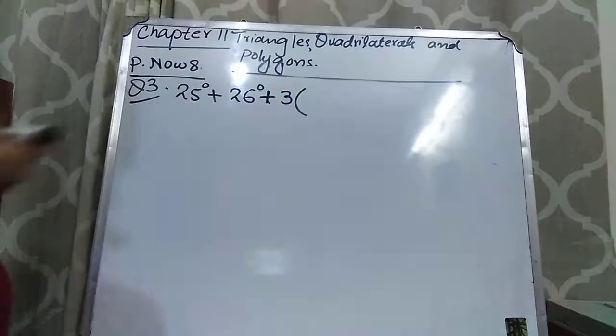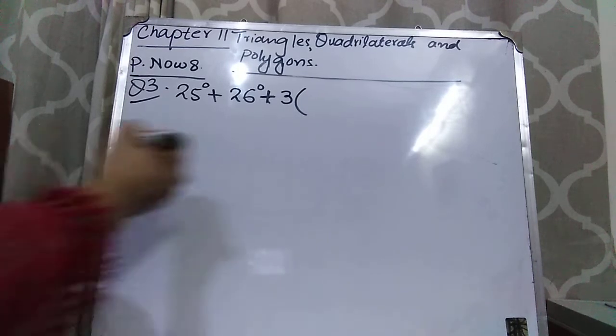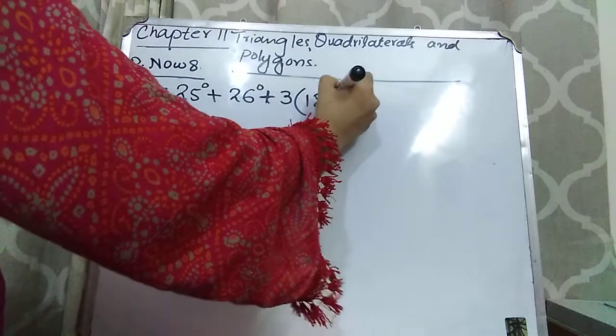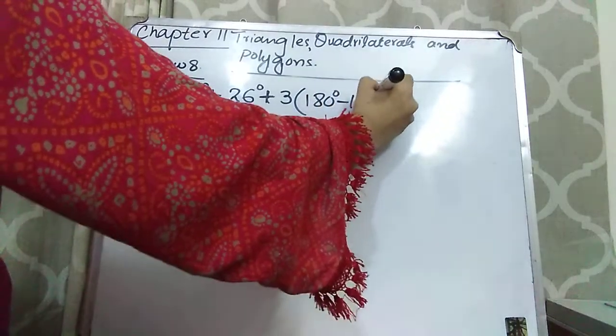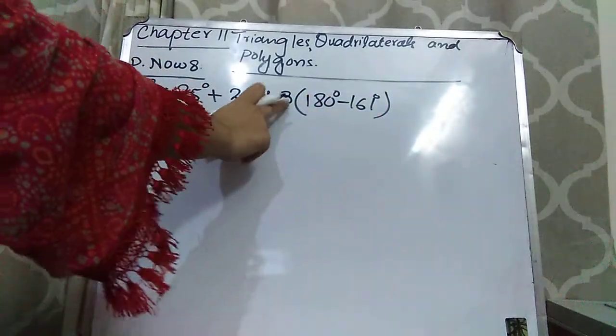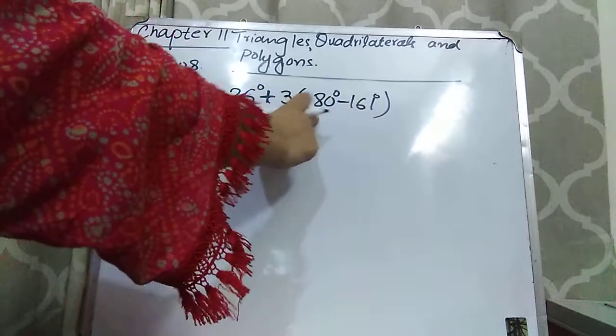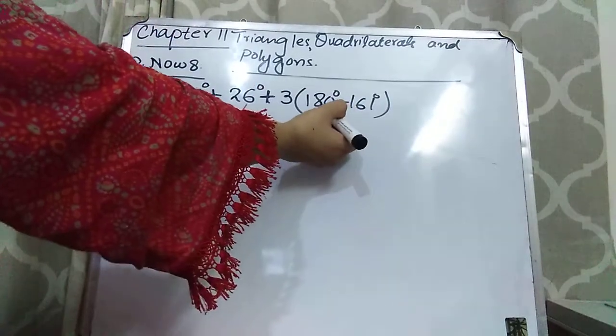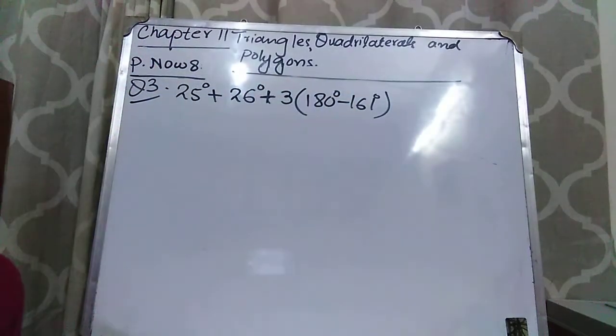But here we are writing the exterior angles, because the sum of exterior angles is equal to 360 degree. So you will convert this interior angle into an exterior angle by subtracting it from 180. Then this will be converted into the exterior angles. Now these are three exterior angles, because you have subtracted the interior angles from 180 degree to get the exterior angles.